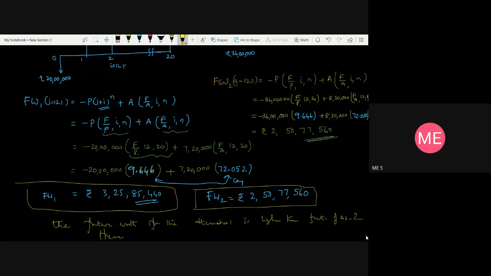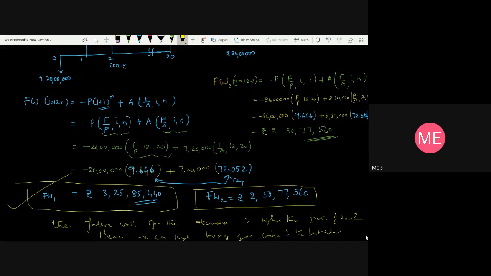Hence we can suggest building a gas station is the best alternative. That is how we can choose using the future worth method of comparison.